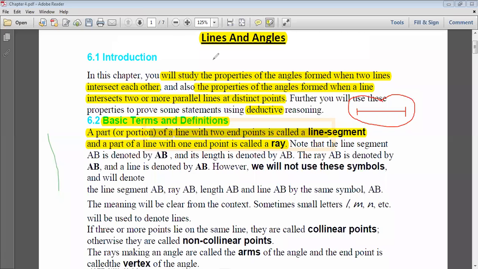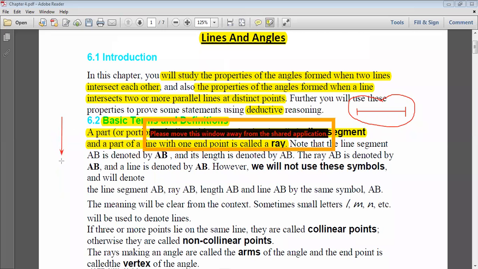And what do you mean by a ray? Let us see. A ray means, I will draw it in this way. This is a ray. It has only one endpoint. See, this is the only endpoint.